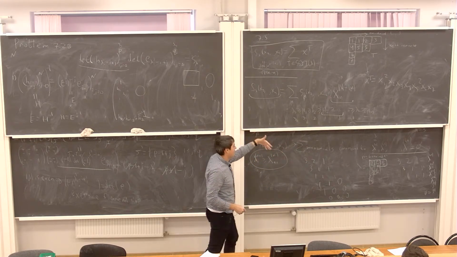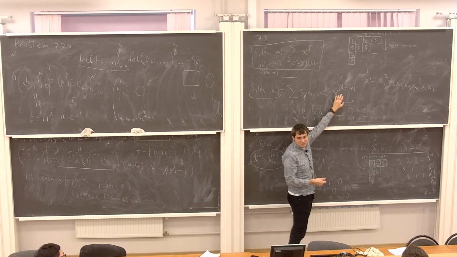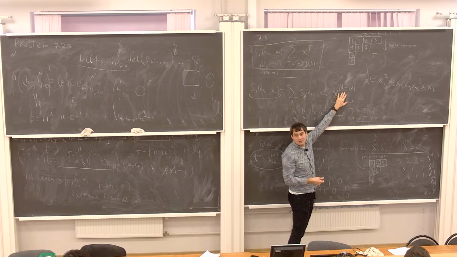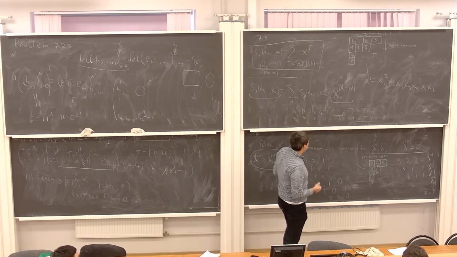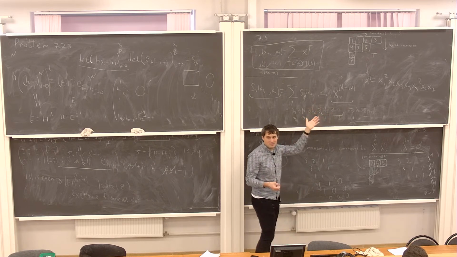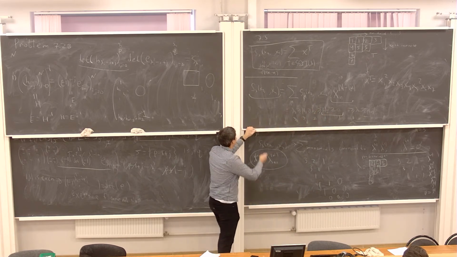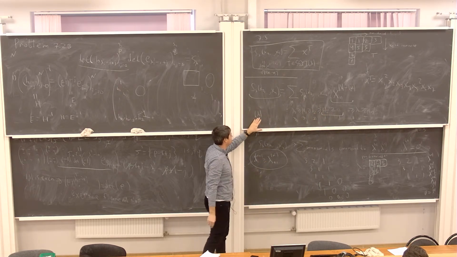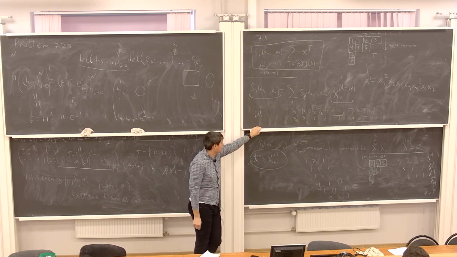Generally you get exactly x_n to the number of n in your tableau. Not the number n, this was a mistake. It's the number of boxes in the Young diagram.